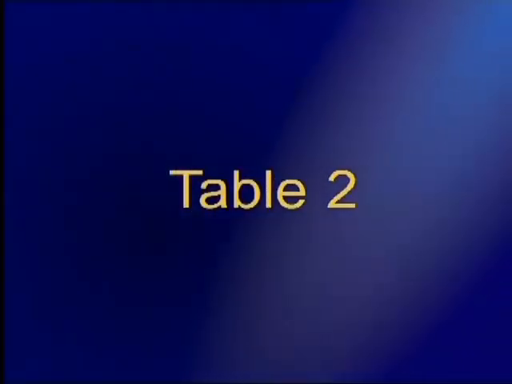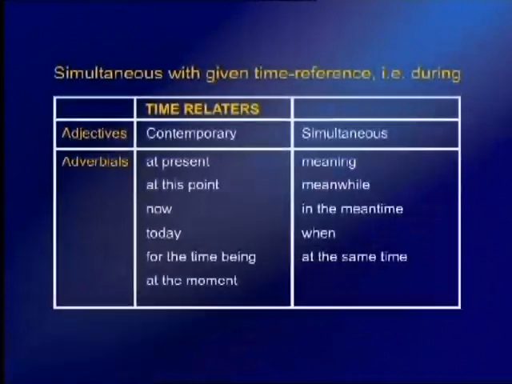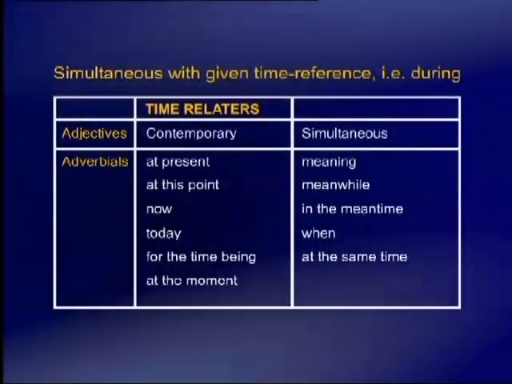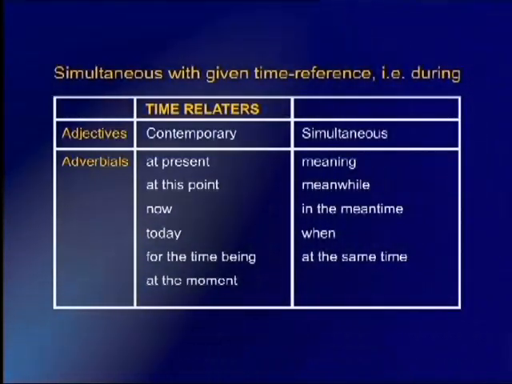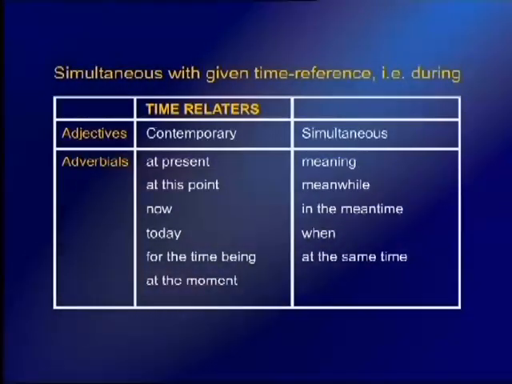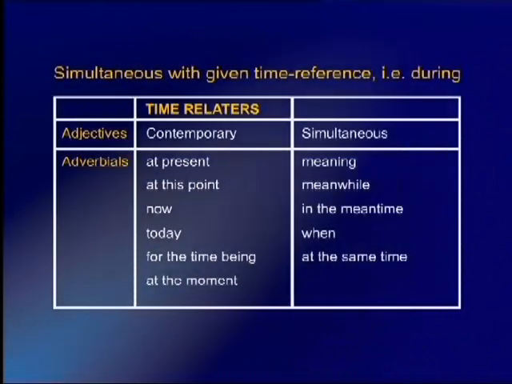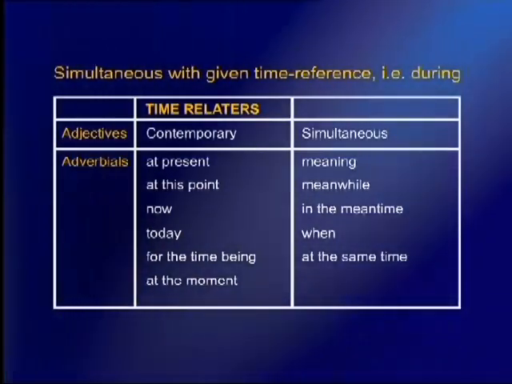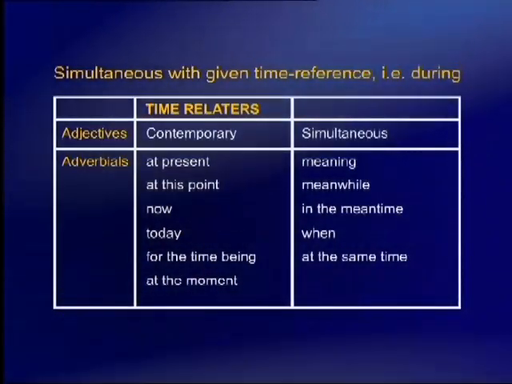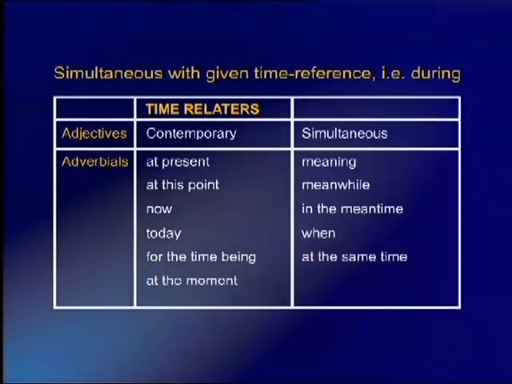Now look at the next table, and here you will find that words are given you which show simultaneousness, how things take place at the same time. They are words which denote that things are taking place at the same time.